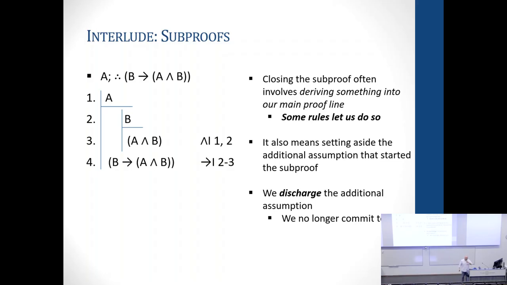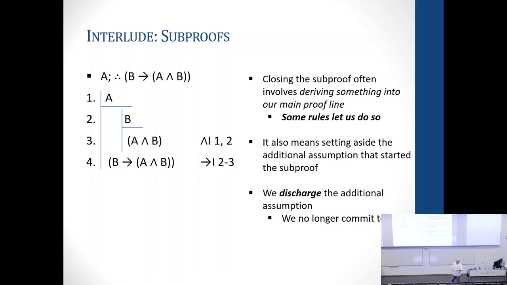If we want to, shouldn't we use eliminates to get to B alone? So here's the funny thing. When we open a subproof and add an additional assumption, that's the only time where you get a sentence without using a rule. It's just like when we're opening our proofs for our assumptions. We don't need a rule to give us the assumptions.